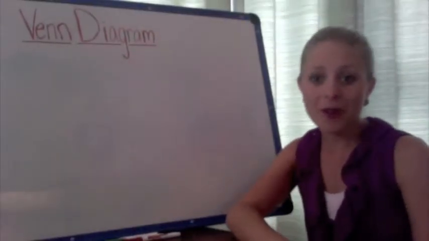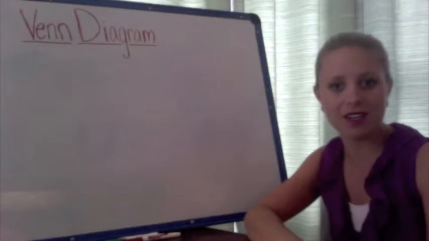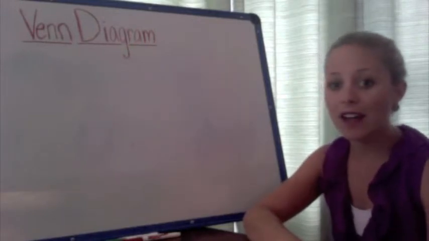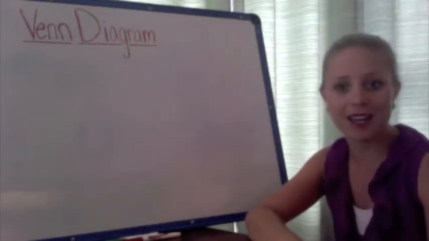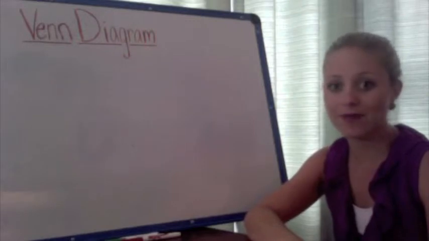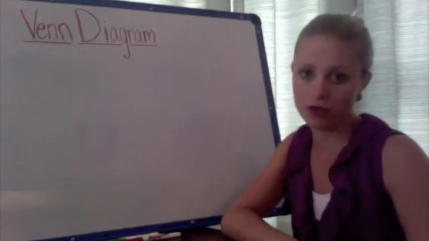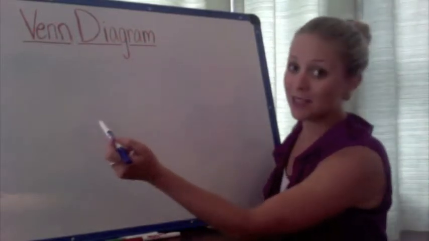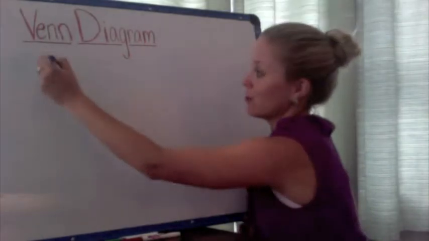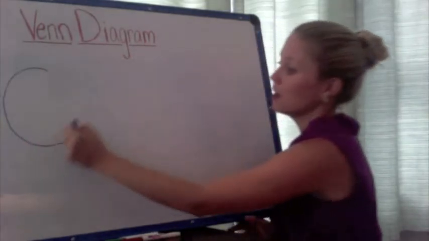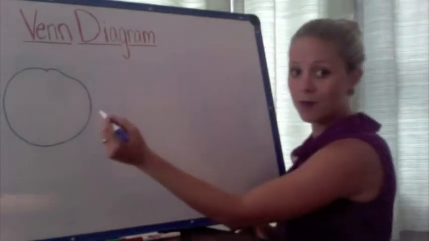Now that we know how to compare two things using a Venn diagram, what if we wanted to compare three things? That's right. You do the same thing. It's just you with three circles instead of two. So this is what it would look like. You draw your first circle over here. One.